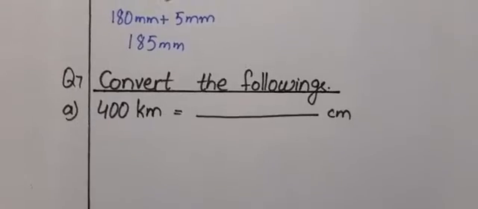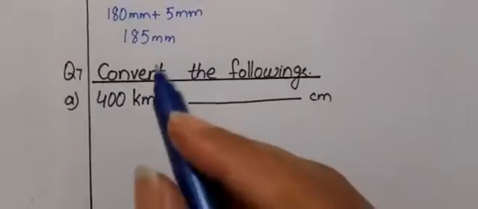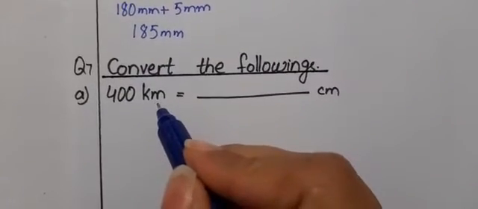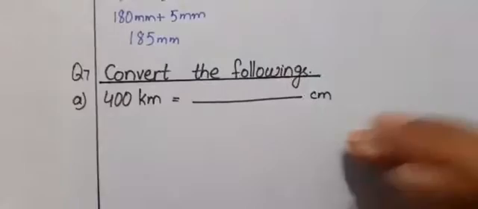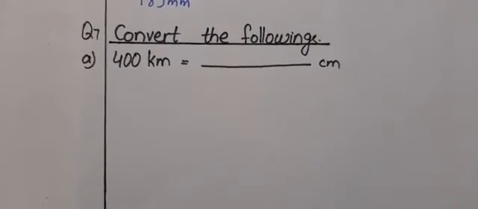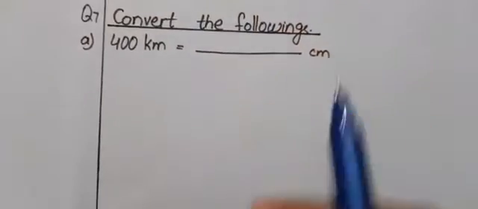Okay. After doing question number 6, we will move toward question number 7, that is convert the followings. We have to convert the kilometers into centimeters. But we all know kilometer is first converted into meters and then into centimeters. So let me write it, boys.